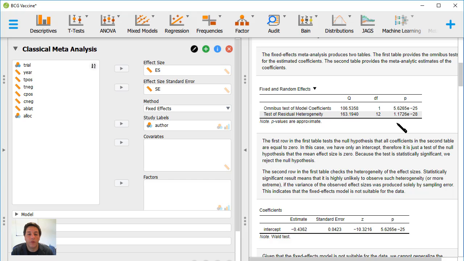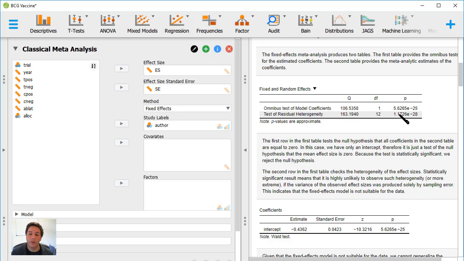So the p-value is the probability of obtaining the variability of effect sizes that we obtain in this sample of effect sizes, if the effect size in the population is such a number. Well, the p-value is very low. That means that it is very unlikely to obtain such variability of effect sizes in our study. So we need to do something different.